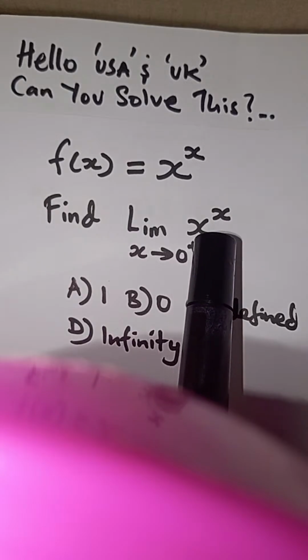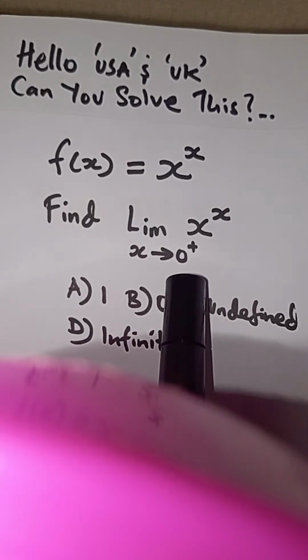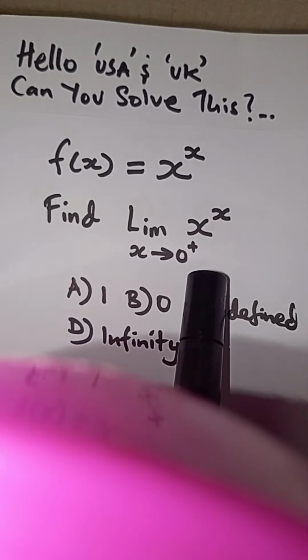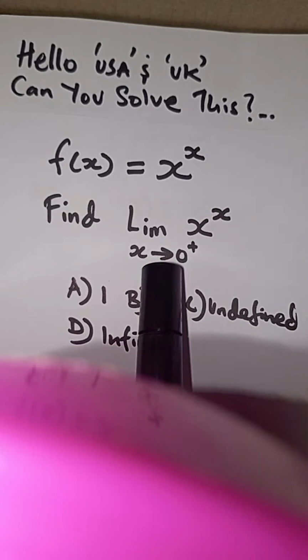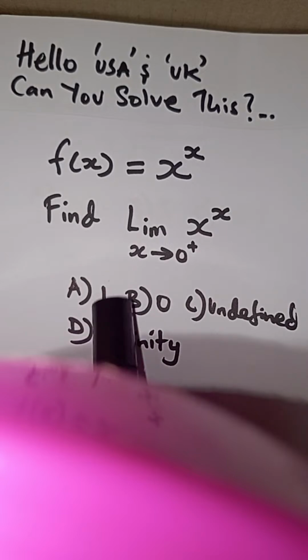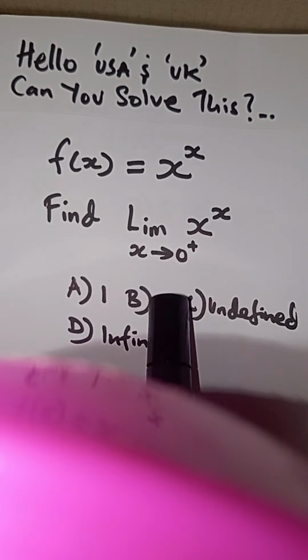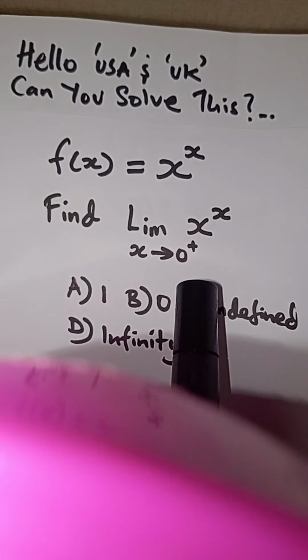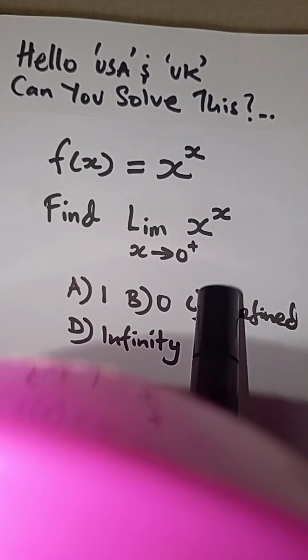So what could be the x to the x? Do we get A is 1, B is 0, or C is undefined?